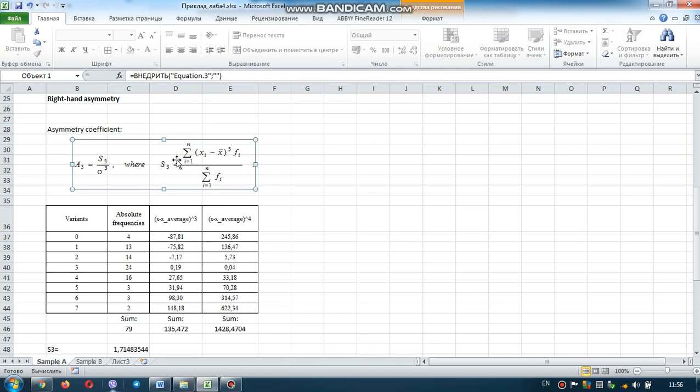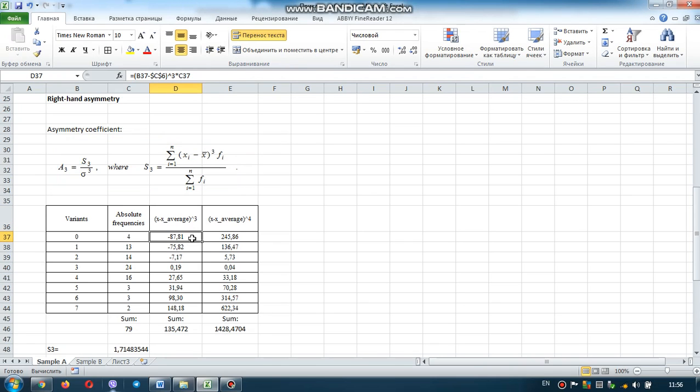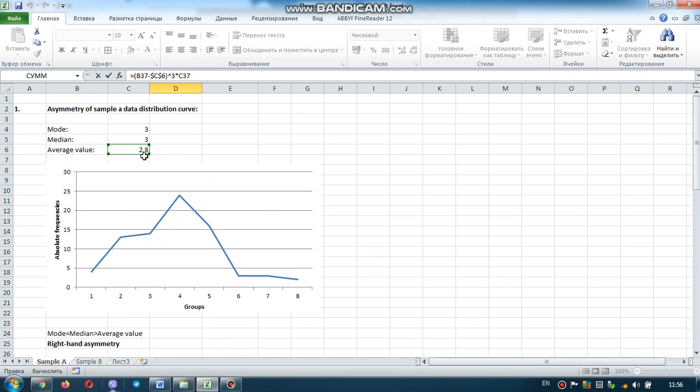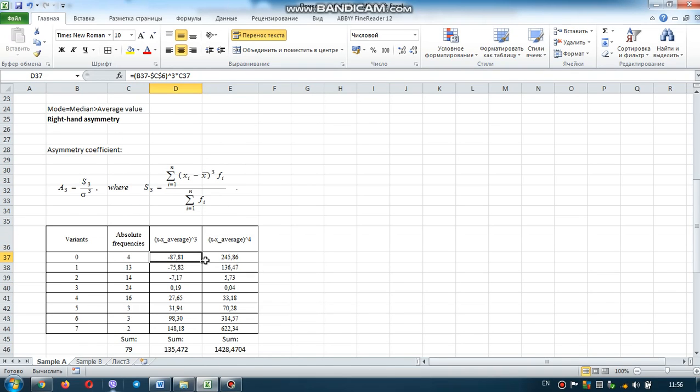This expression: variant minus average value, fixed average value, to the third power, multiplied by the absolute frequency.